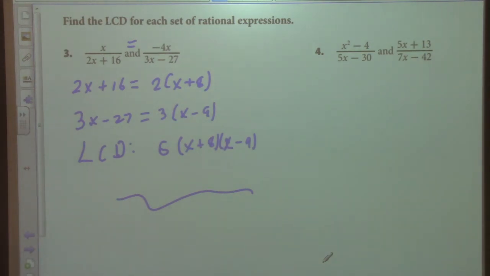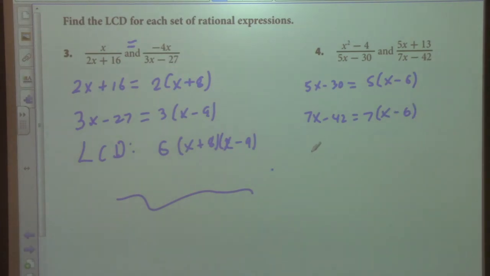I don't know if I did it right, but for the 5x minus 40, I got 5, parentheses x minus 6. And then for the 7x minus 42, I got 7, parentheses x minus 6.